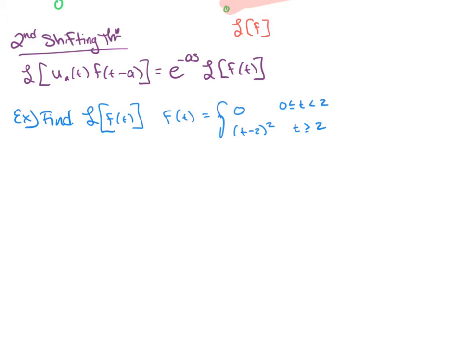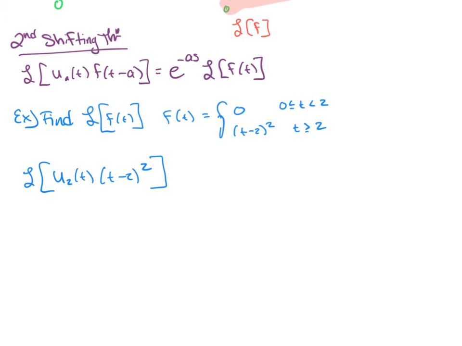So the first thing to do is write the function in the unit step function format. So this is really the Laplace of u sub 2 of t times t minus 2 squared, because it's 0 until 2, and then at 2 we turn on t minus 2 squared.